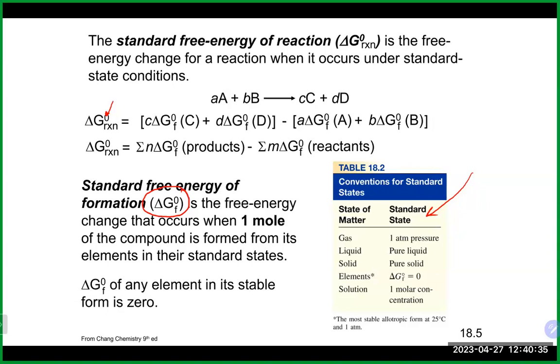So if it's a table value or a standard value, that means if you're dealing with anything that has a pressure, the pressure should be 1 atmosphere. If you're doing anything that's basically a solution, the solution should have a molarity of 1 molar. And if you're dealing with temperature, it should be 25 degrees Celsius. If any of those things are not those values, then you're under non-standard conditions.